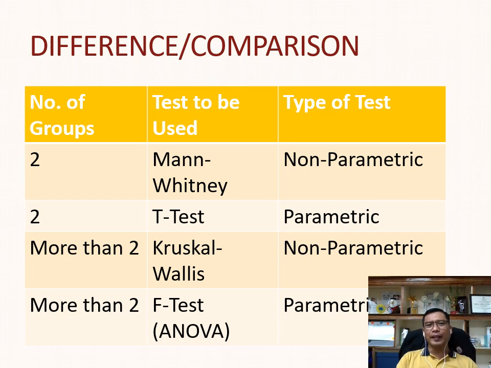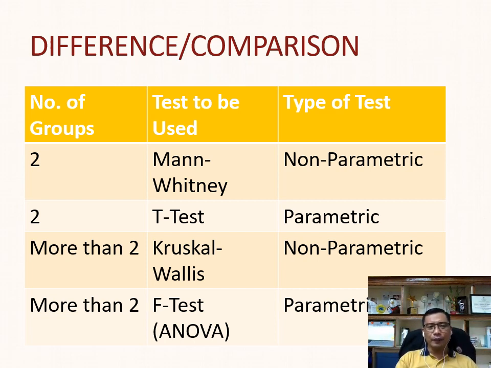But if it is non-parametric, meaning it did not really satisfy the two general assumptions of normality of distribution and homogeneity of variance, then you should be using Mann-Whitney as a statistical tool for two groups only. But if you satisfy those assumptions, you may use the t-test. That's a very common test used for two groups. Take note, this is to answer questions about difference only.